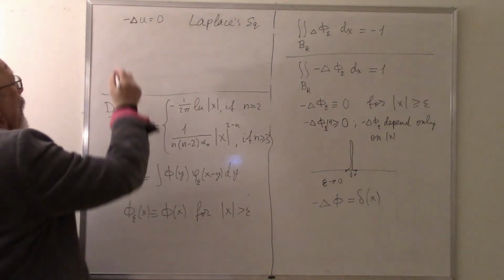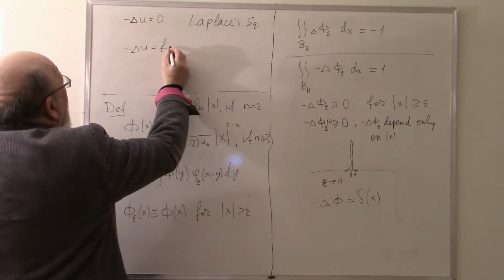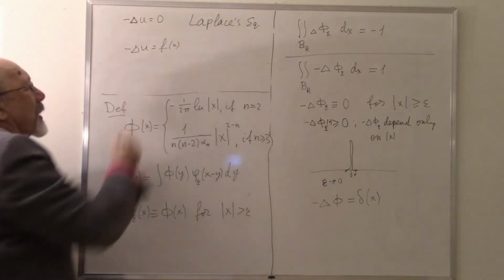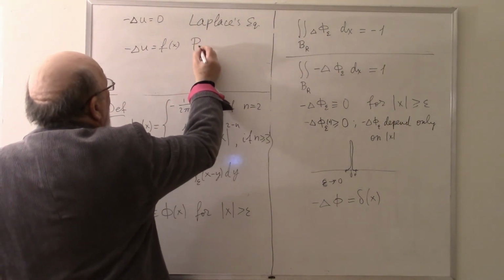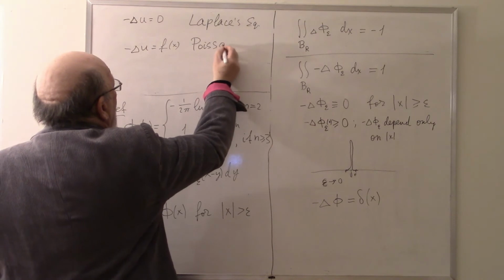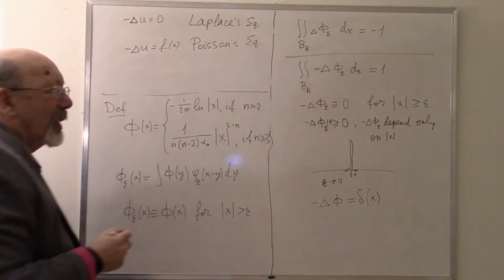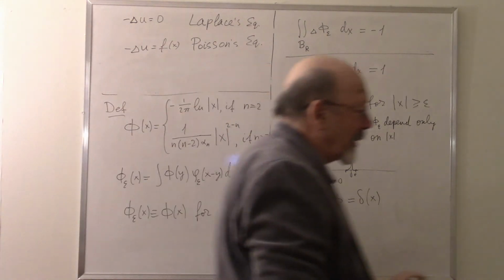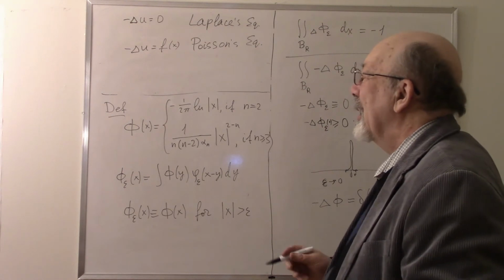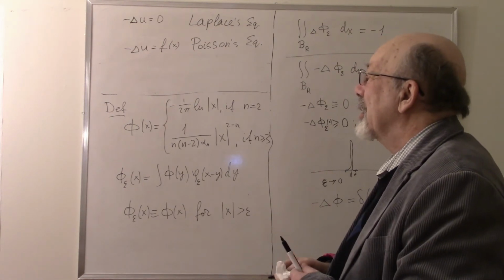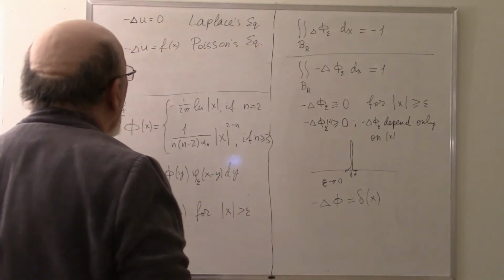And equation minus delta u equals f of x, where f is a given function, is called Poisson's equation. So Poisson's equation is not less important than Laplace equation. It is indispensable in the study of Laplace equation, and we'll use it.